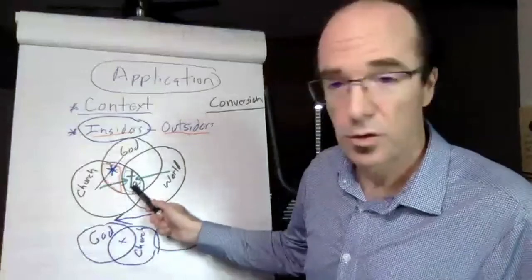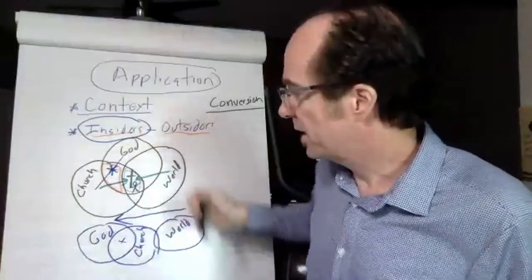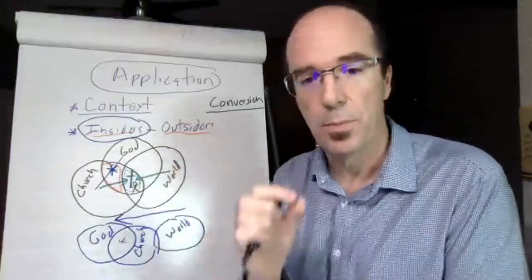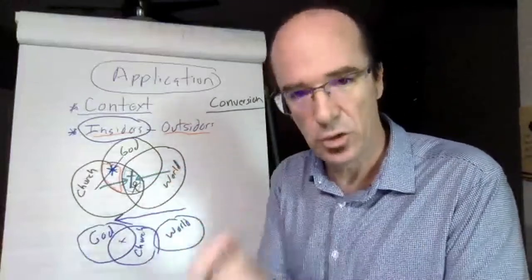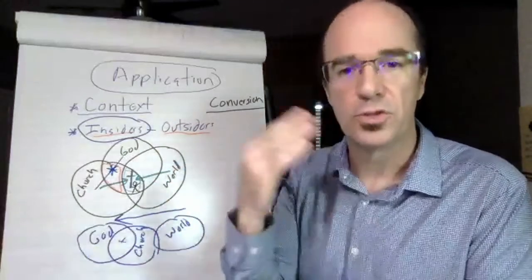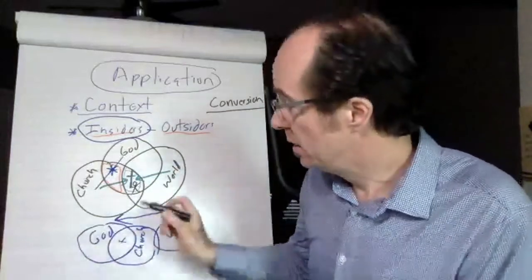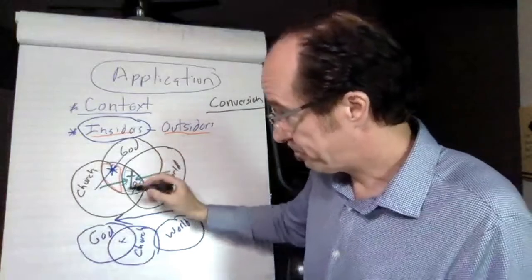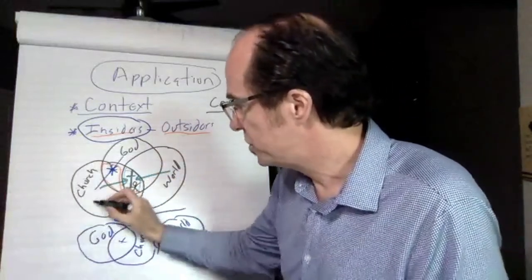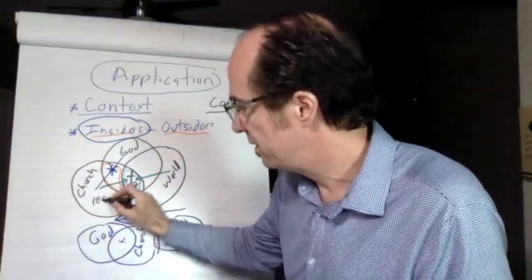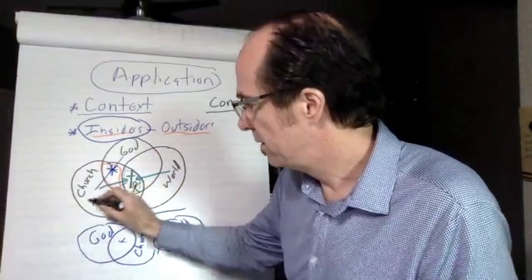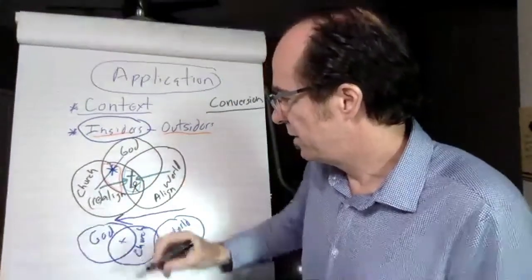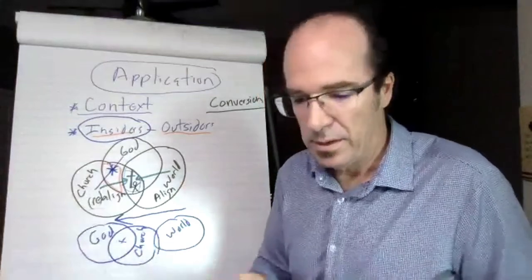We're at the cross first, and our job then in application is to craft a message that helps the people that are listening to us or reading our words, however we're communicating, to hear the call. And the call ends up being, for the church, a call to realign, and to the world, align.